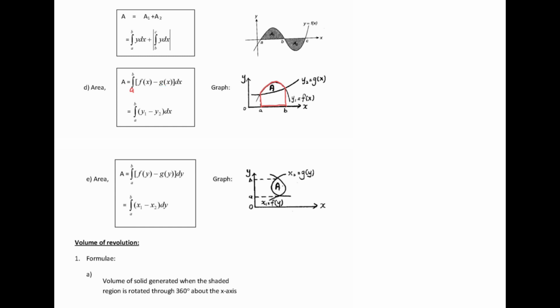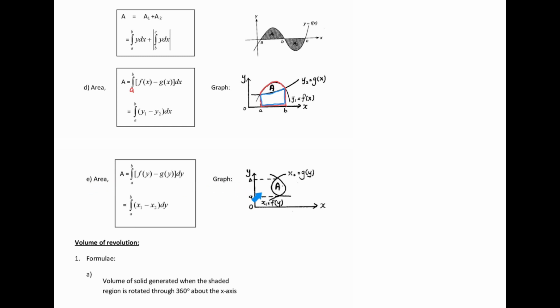So we need to minus with the integration of g(x). Integration of g(x), I put it in blue color. You minus away this part in blue color. So try to imagine, the area in red minus the area in blue, then the area remaining is the area that we want to find out. Okay, so this is another scenario.